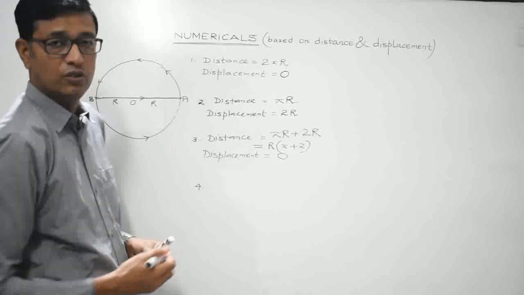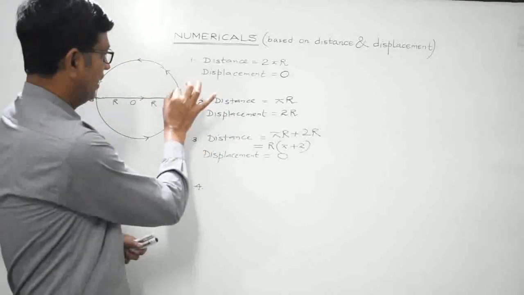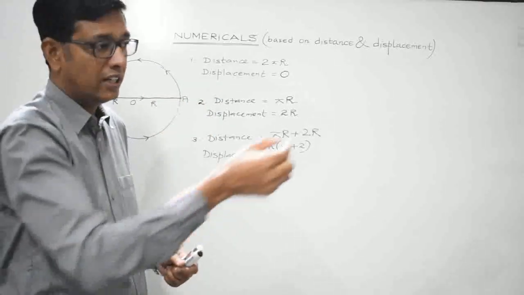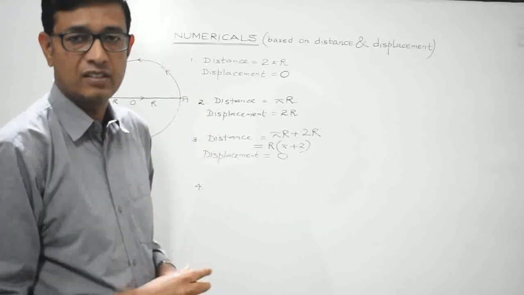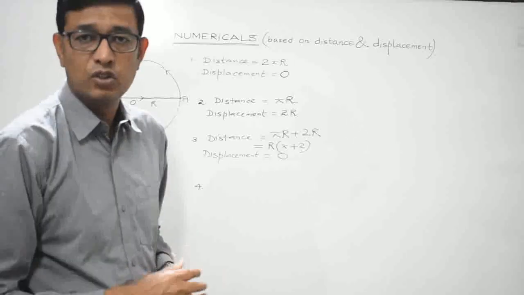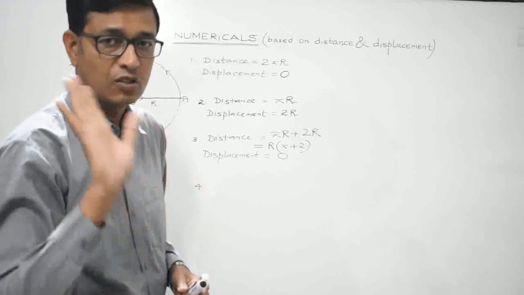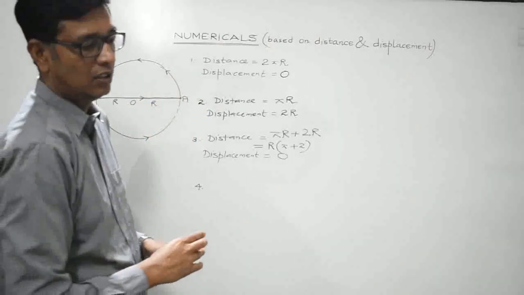Consider the fourth scenario. Let us consider an athlete starts from point A and he completes one revolution, maybe in 40 seconds, right? And he moves with a uniform speed, meaning his speed is constant. So he completes one revolution in 40 seconds.